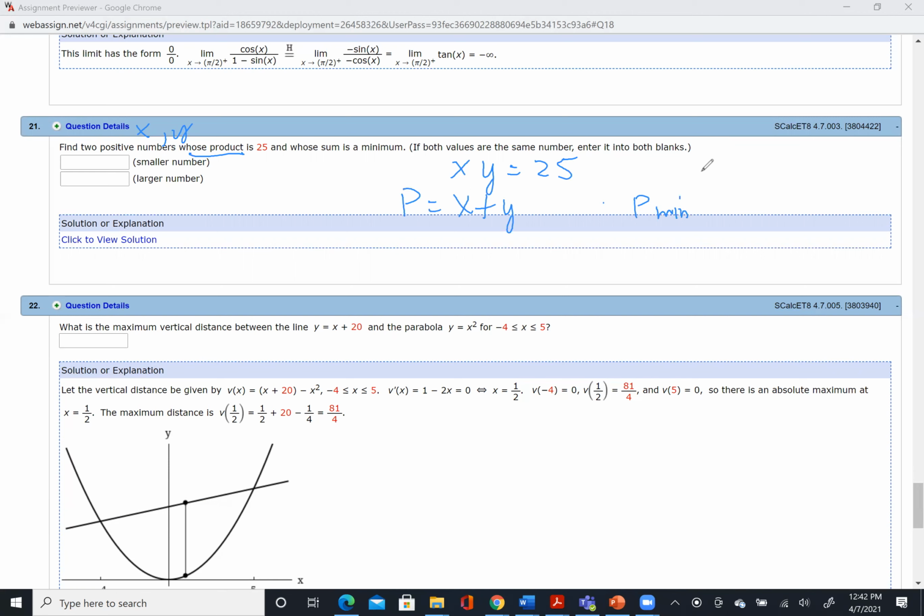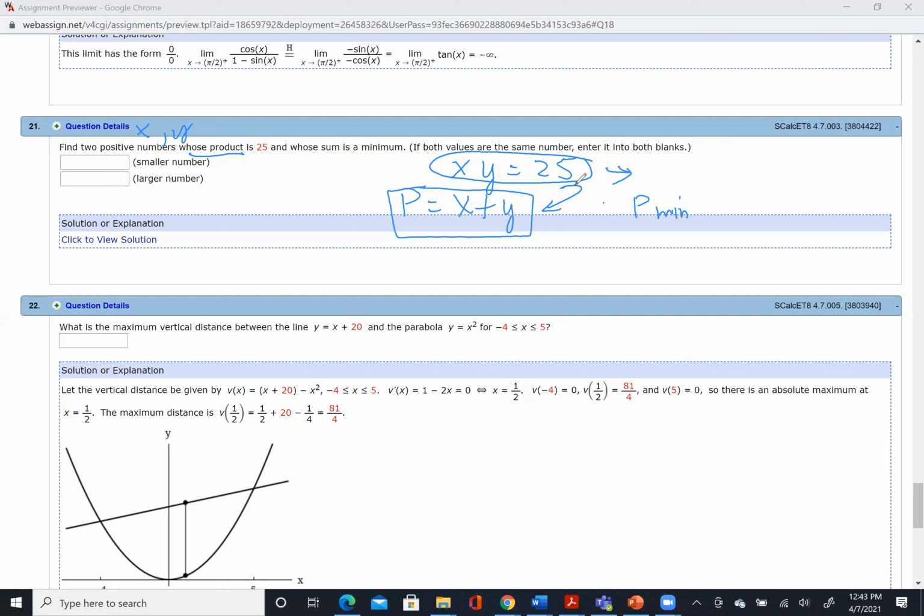Okay, so we need an equation of x and y, a relationship between x and y, so later on I can plug into this function and find the derivative of it to find the minimum of p, right?